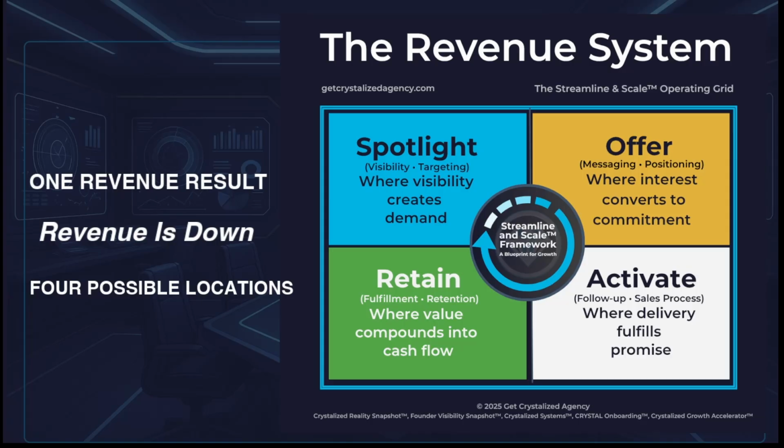The other lens is our capacity, which is in the activate quadrant. If tomorrow this new client comes on board, the founder says, yes, yeehaw, let's do it, will we have the operational capacity to deliver consistently?